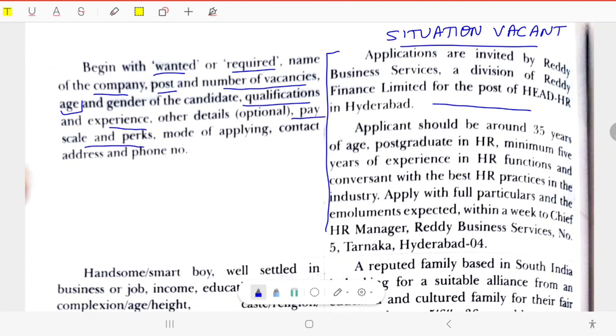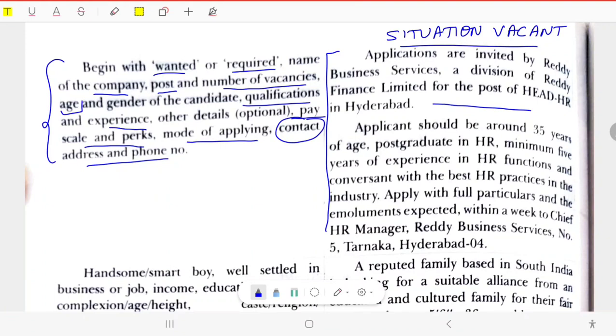Perks means other things along with the salary. And how the candidate has to apply, and your contact number, address and phone number.